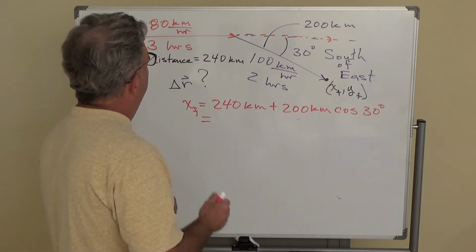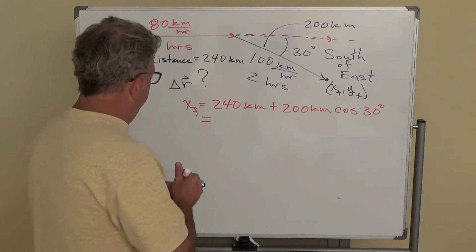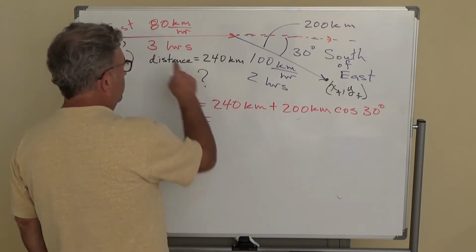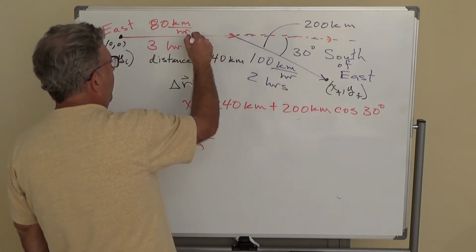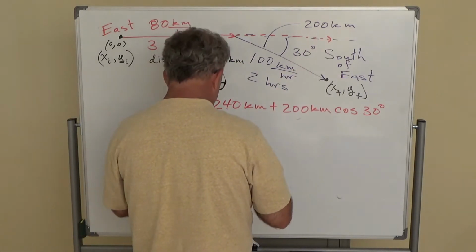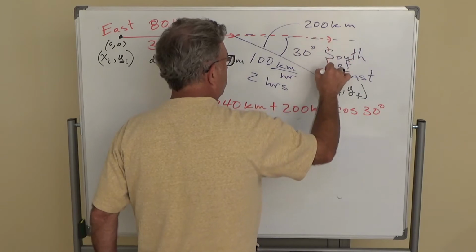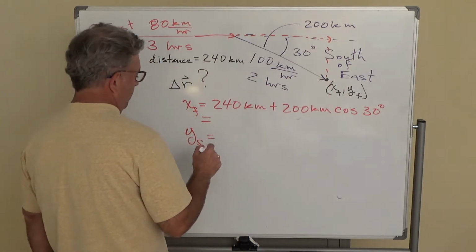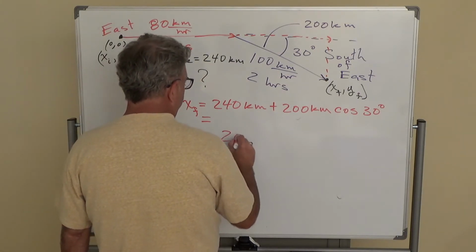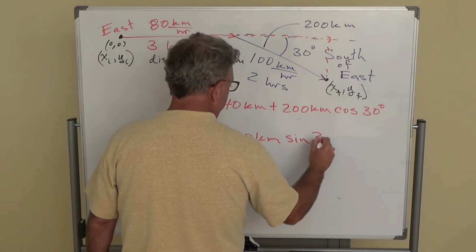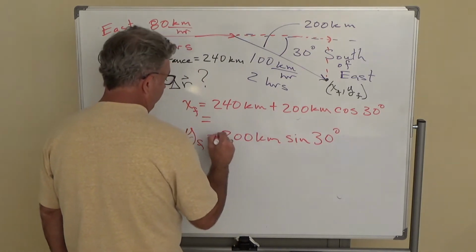Okay? Now for Y final, well, there was no change in Y along that first part of the trip, but in this part of the trip, okay, you went south. And that is 200 kilometers sine 30 degrees with a negative in front.